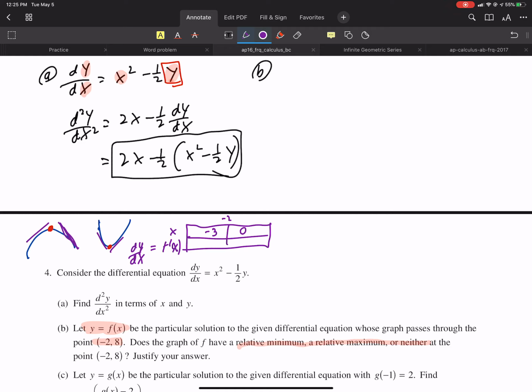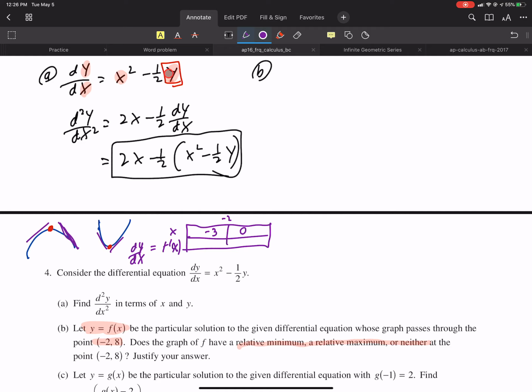What y value do you choose? You don't know, because the curve could be going up or down. You could plug negative 3 for x, but what's y? What does the curve do as you go from negative 2 to negative 3? You don't know that, so you can't find the first derivative.